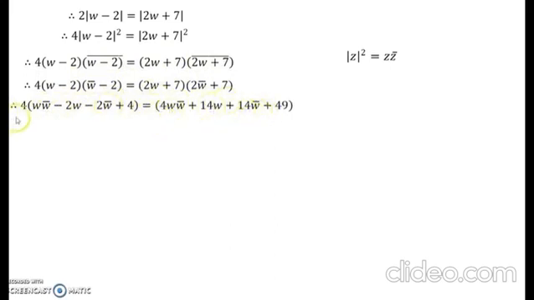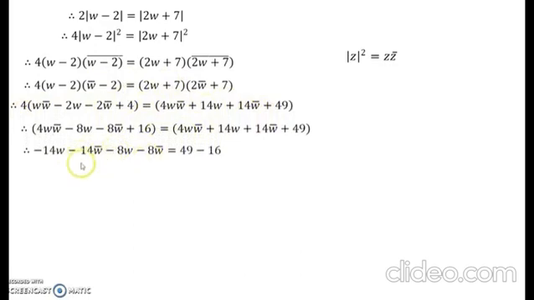Next, on the left-hand side I am moving the 4 inside. After simplifying, rearrange the terms: all the w terms on the left-hand side and the constants on the right-hand side. We will get −22w − 22w̄ = 49 − 16.